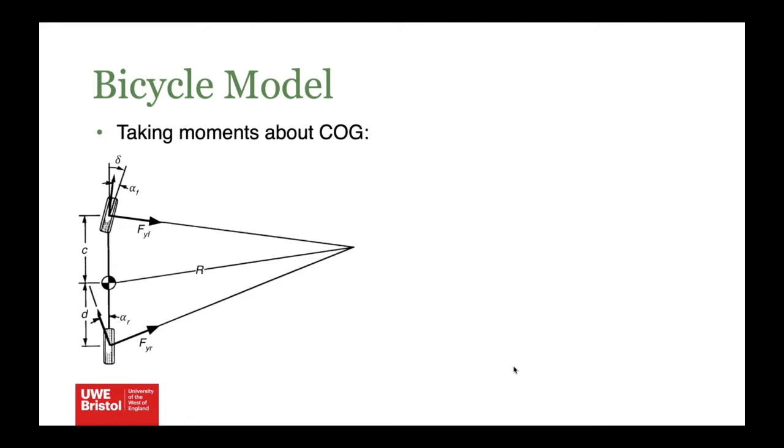Okay, and if we take moments about the centre of gravity, we can do some various things. Again, assuming small angles, so obviously this distance isn't perpendicular to the bigger direction, but it's close enough. So moments about the centre of gravity, positive being clockwise, we've got FYF times by distance c.